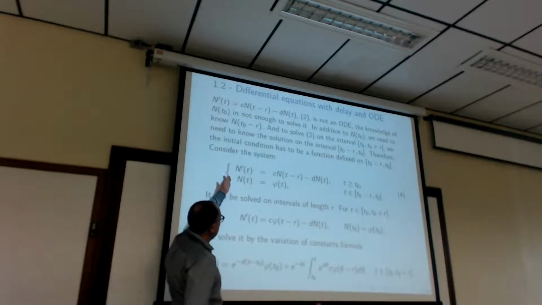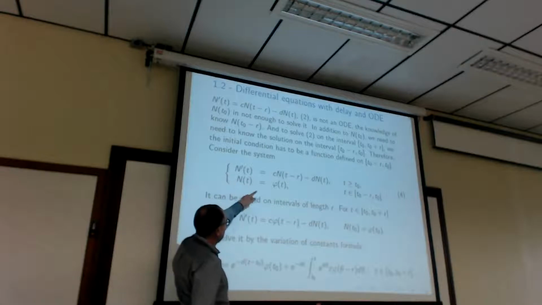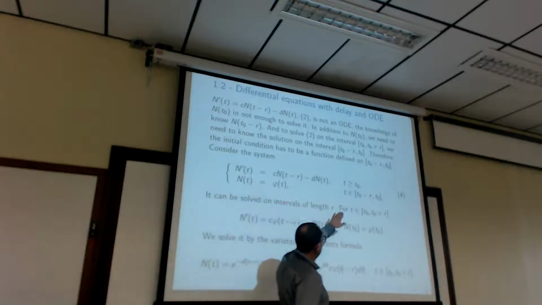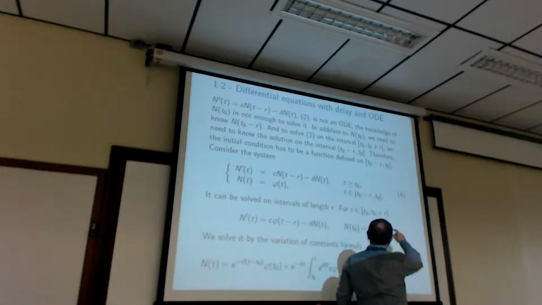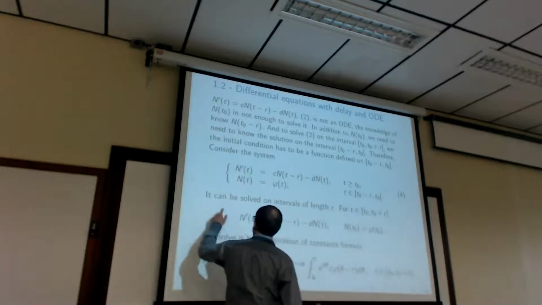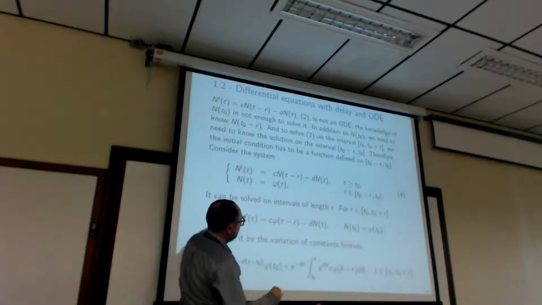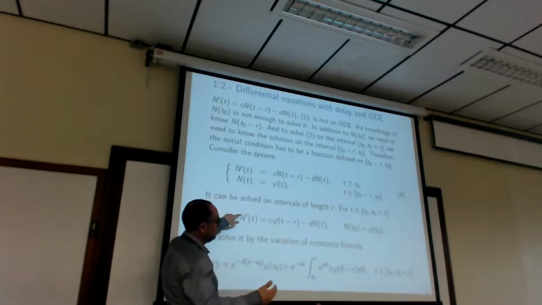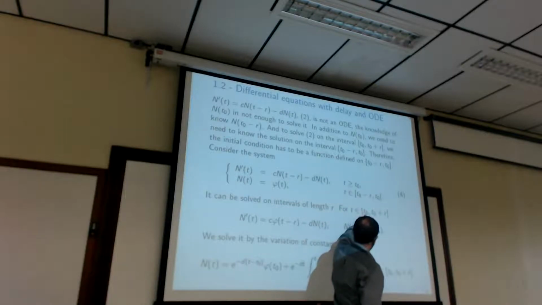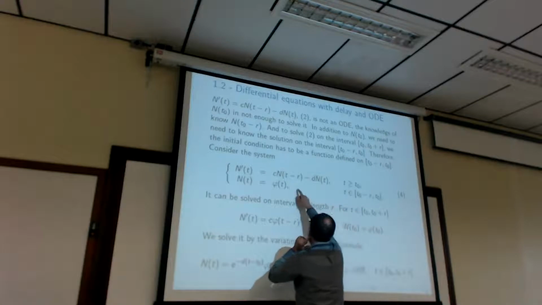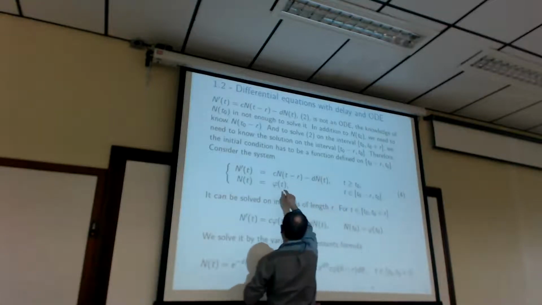In that case, if you take the system and this initial condition on this interval and you want to solve it to the right of t0, we can do it step by step. If we take t in the next interval, t0, t0 plus r, then t minus r falls in the interval where we know this function.